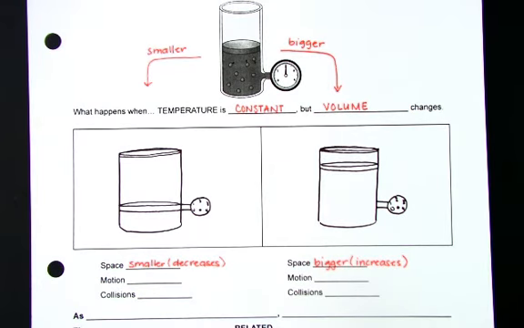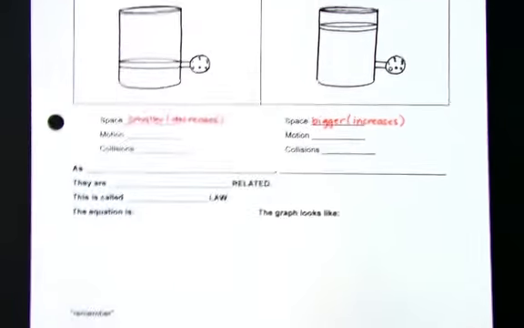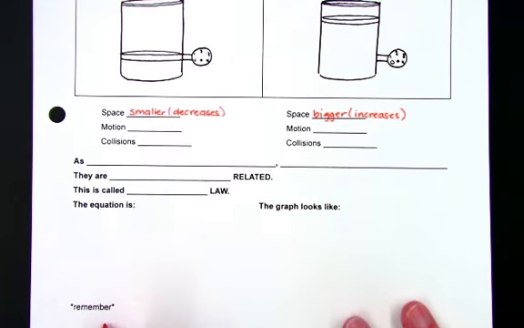What has happened to the number of particles? Has it changed or is it the same? The number of particles in my container. Have I put more in or taken them out, or is it still the same? Still the same. It should still be the same, so let's just make that down here, right?